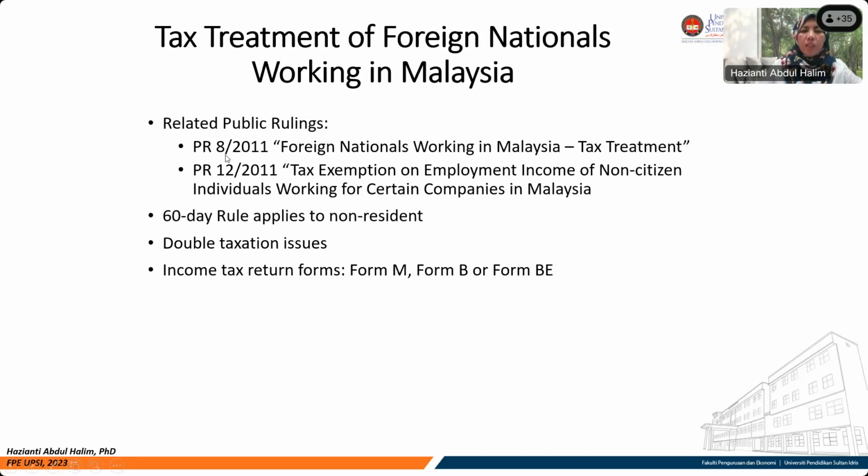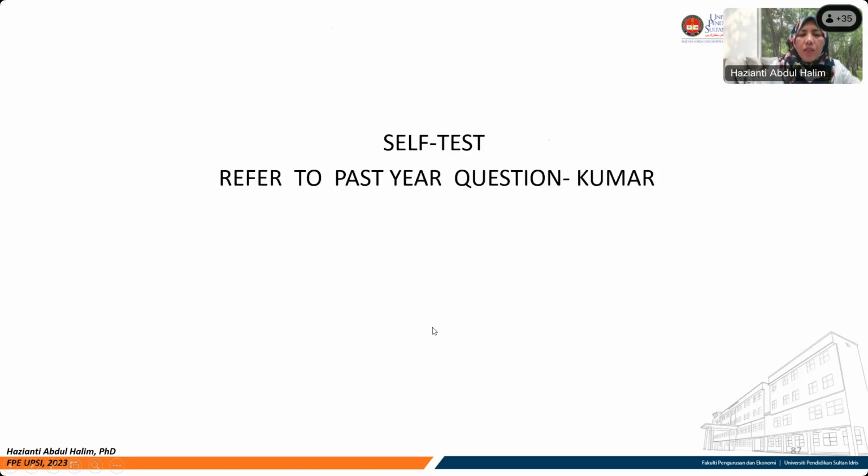But also kita ada juga public rulings 2011 foreign national working in Malaysia, as well as tax exemption on employment income of non-citizen individuals. Okay, untuk foreign nationals kita ada form M, B and also BE.